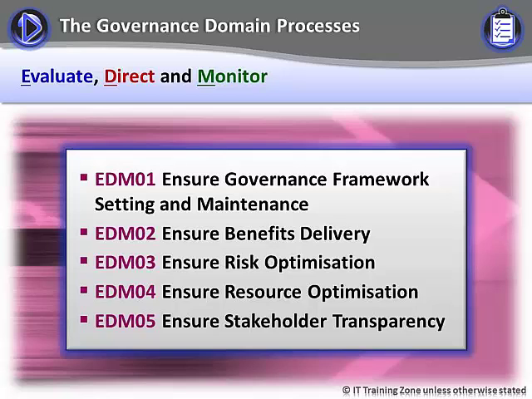The resources include people, processes, and technology. EDM05 Ensure Stakeholder Transparency. This process ensures that enterprise IT performance and conformance measurement and reporting are transparent, with stakeholders approving the goals and metrics and the necessary remedial actions.